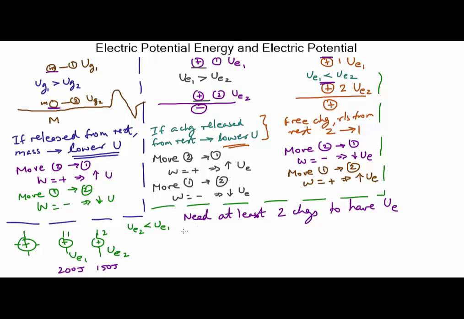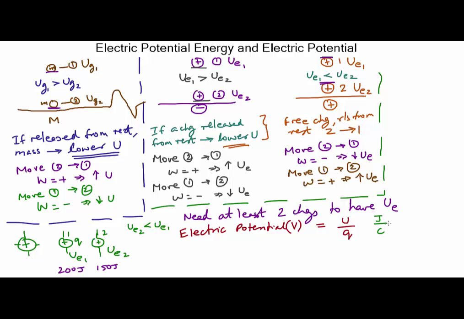So the definition of electric potential, and by the way, the symbol for electric potential is capital letter V, is the electric potential energy at one point that a charge would have divided by the charge itself. So if this charge here was charge Q, the electric potential V is defined as electric potential energy divided by the charge Q. So naturally, the units of electric potential will be whatever the units of potential energy are, which are joules divided by coulomb.